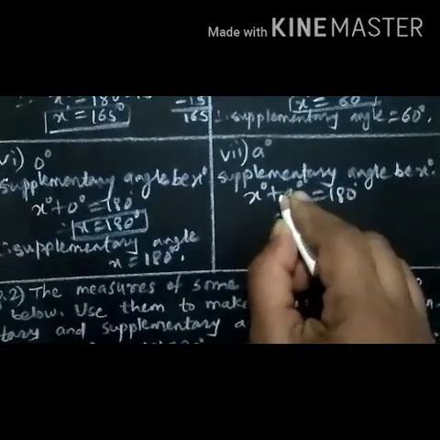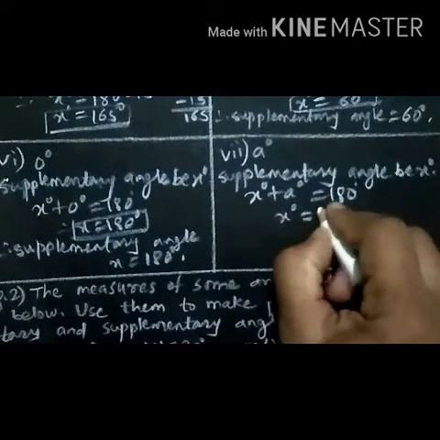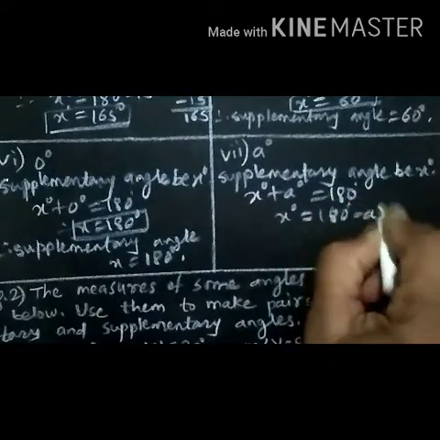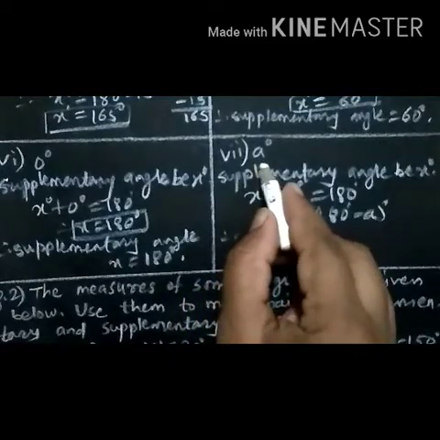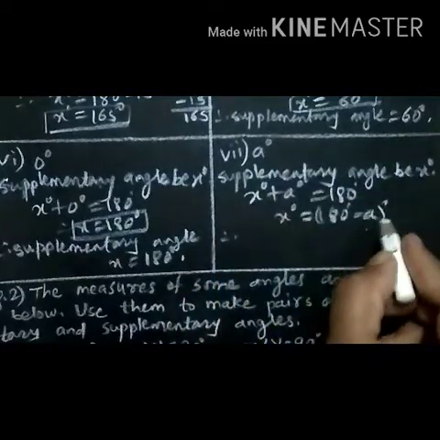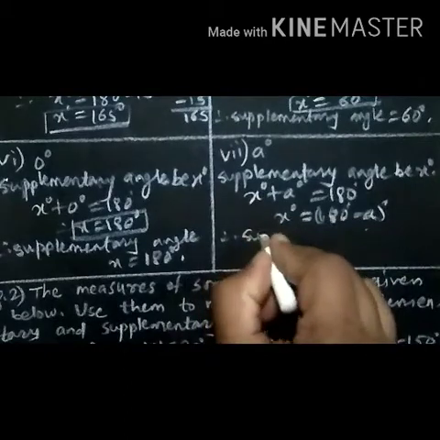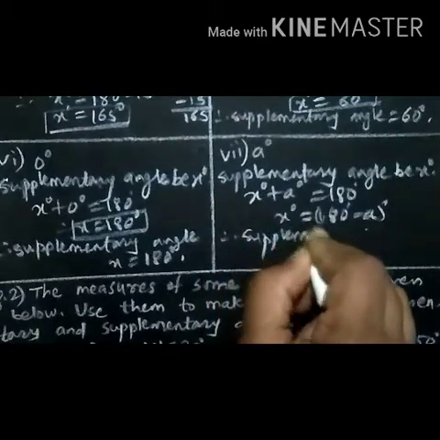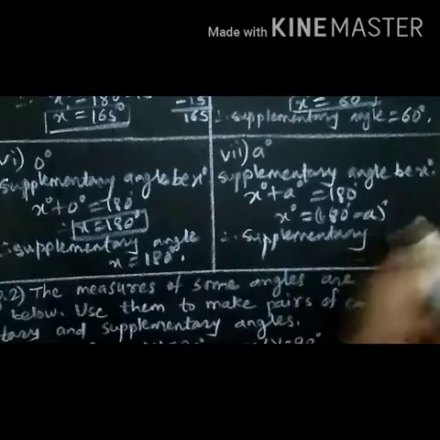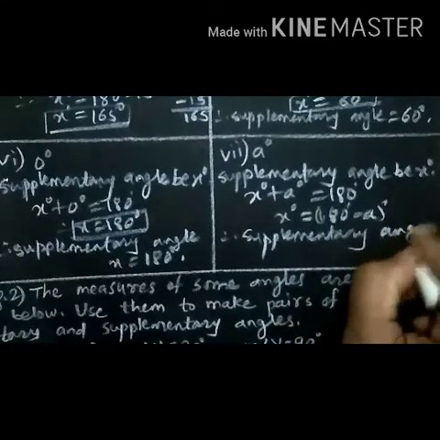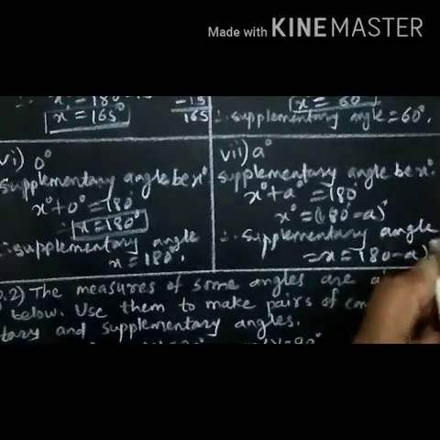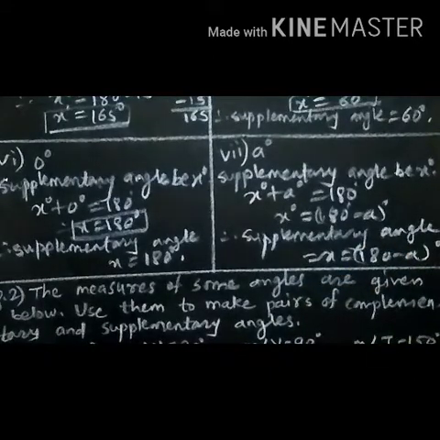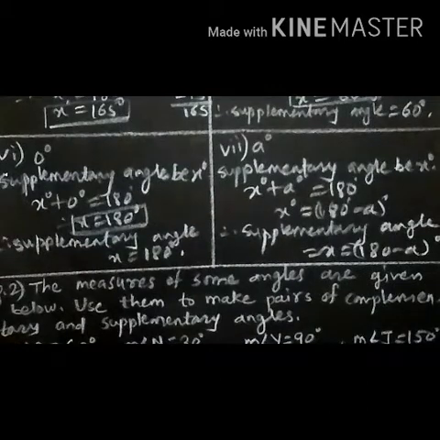Therefore x degree is equal to, after shifting this value to the right hand side, 180 minus a degree, and therefore the measure of the supplement of the angle a degree, that is 180 minus a degree. Therefore we can write the supplementary angle, that is x is equal to 180 minus a degree. Now in this way we can find the supplementary angle of the given angle.